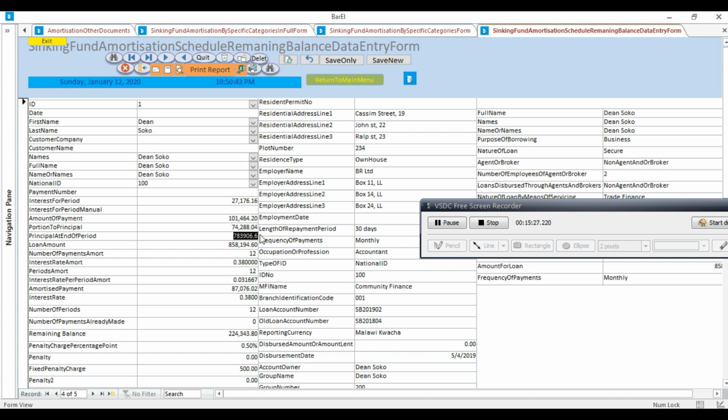This 783 becomes the loan amount in the fifth one. And just put the amount which is supposed to be this one. Copy and paste.